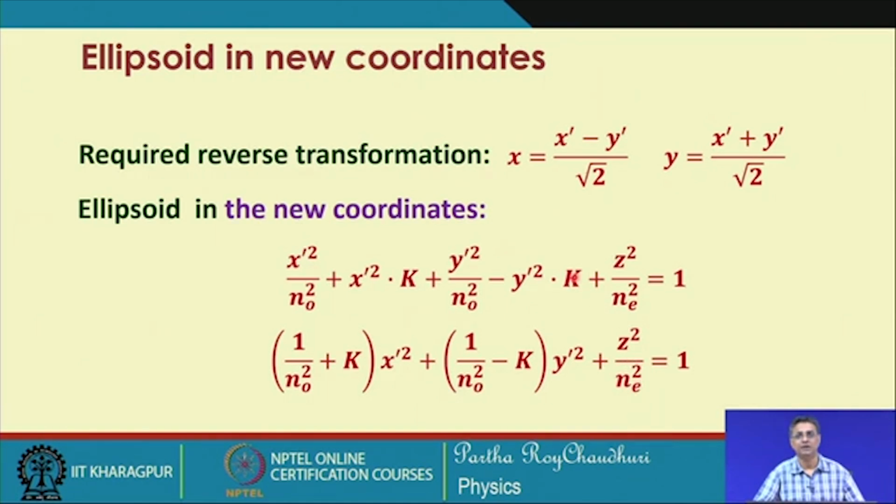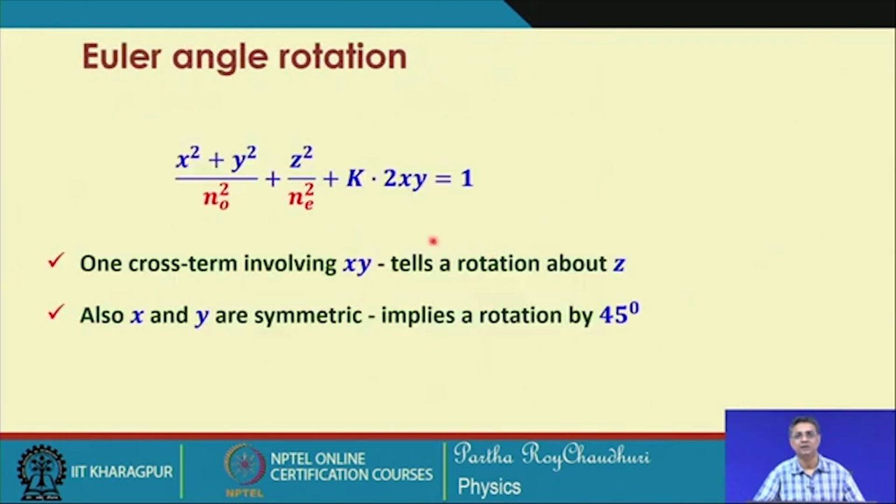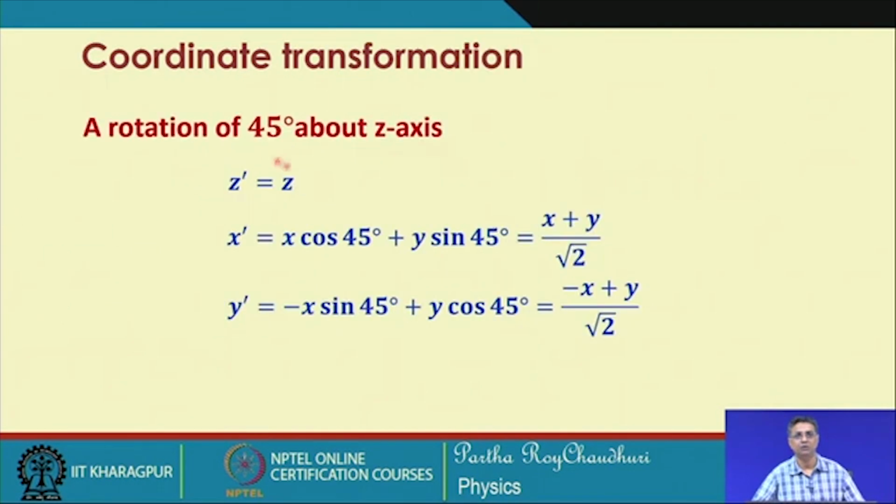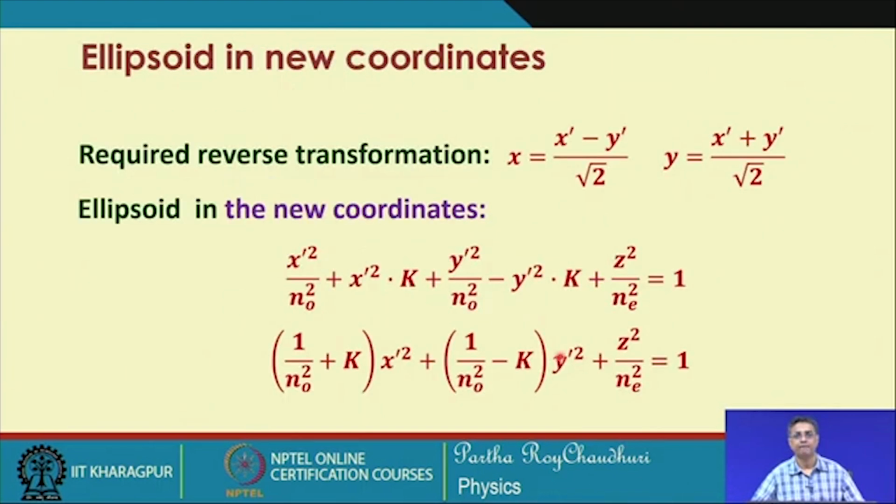So, we started with a medium which was uniaxial, because x and y refractive indices were same, but now we get the refractive indices which are all different for x, y and z.